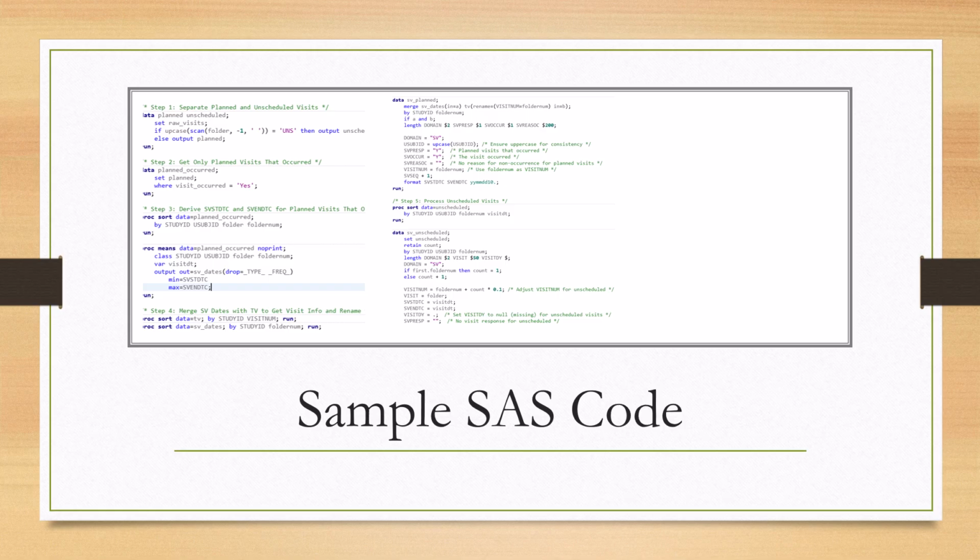We increment it by one, adding decimal values, so if you have two or more unplanned visits for a particular planned visit, say after visit 3 you have two unplanned visits, then using this code the two unplanned visits will have the visit num as 3.1 and 3.2, and so on.